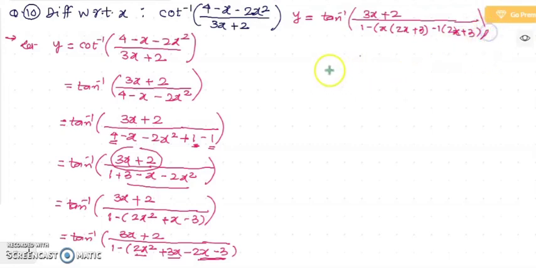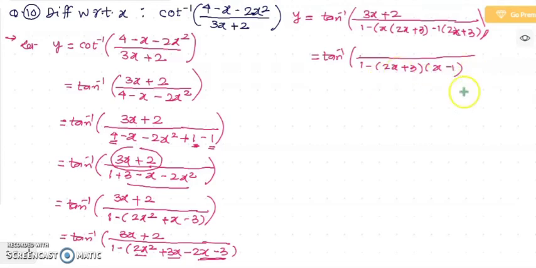Just understand this. This is going to be simplified as tan inverse, and the denominator is important: 1 minus the two factors, one of them is 2x plus 3 into the other factor x minus 1. And the numerator, try to write this numerator in terms of these two.